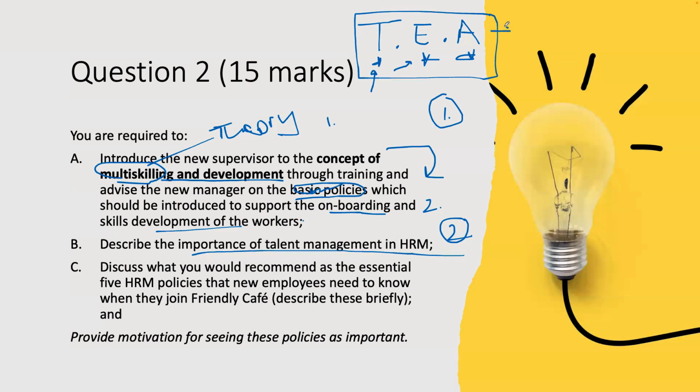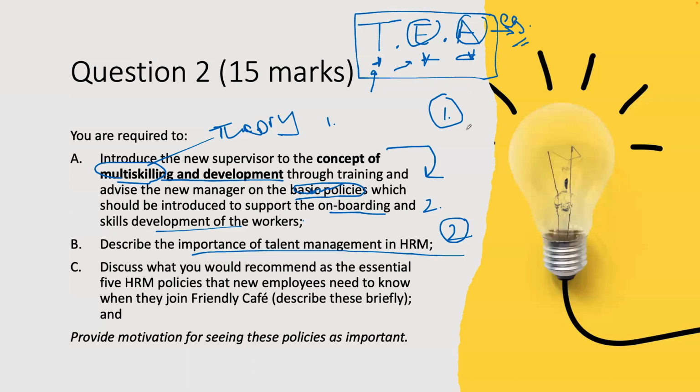An example would be when developing the skills of an assistant supervisor or assistant manager, managing that talent in order for that person to be able to take over or be promoted into a management position, etc. So you've introduced the theory, you've explained what it is, and then you've applied it with an example.